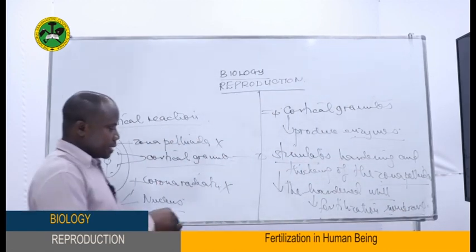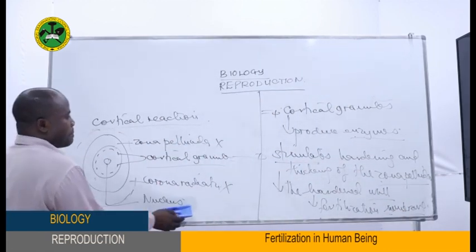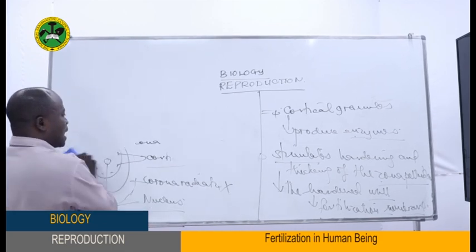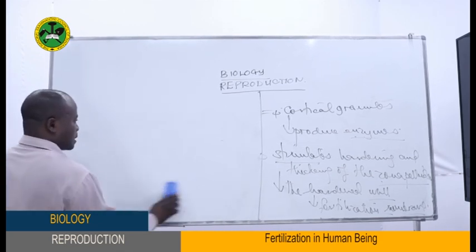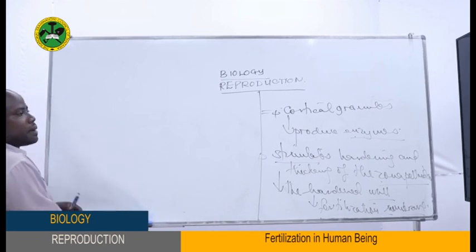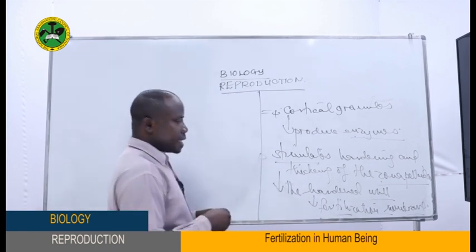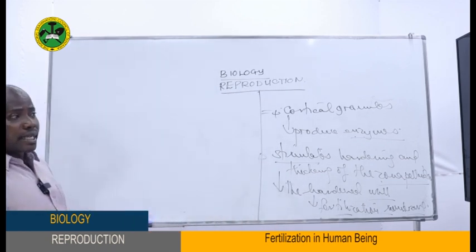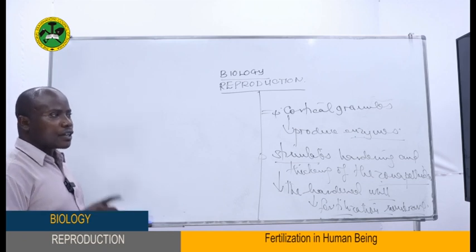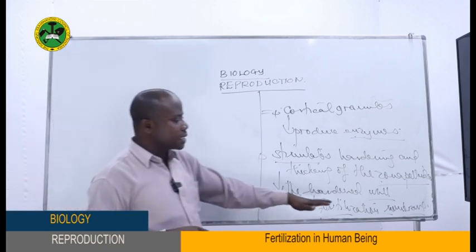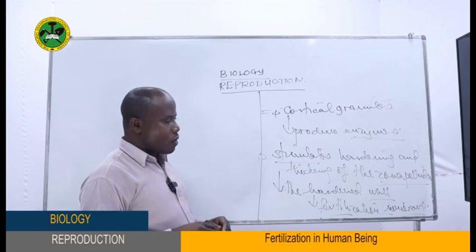We can say that the membrane which is formed as a result of the enzymes produced by the cortical granules is known as the fertilization membrane. It means that part 1 of the question requires you to explain how the fertilization membrane occurs.